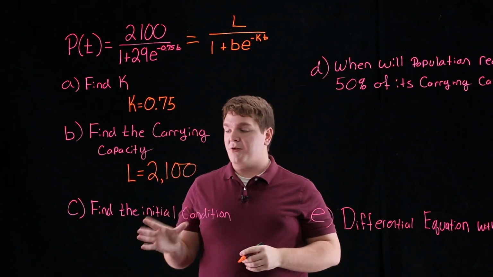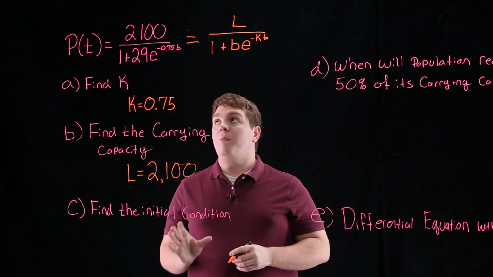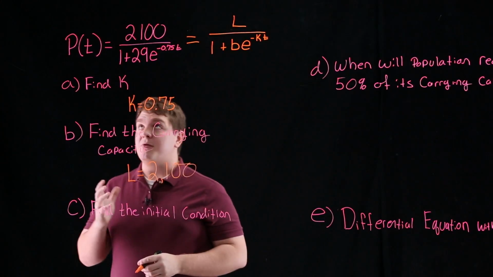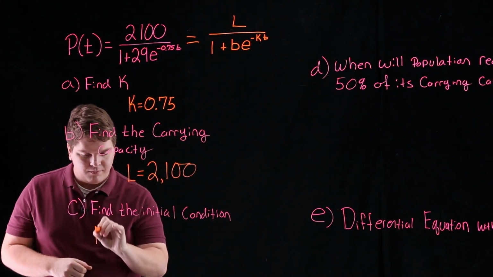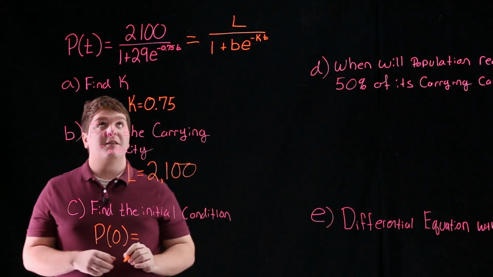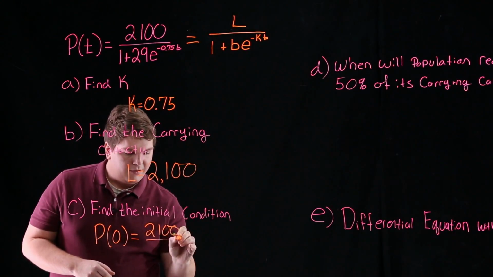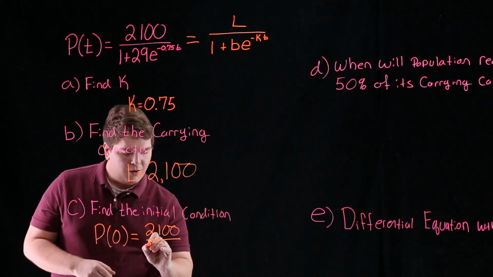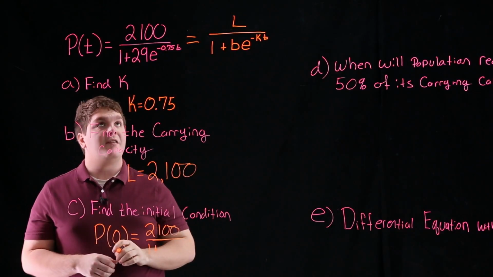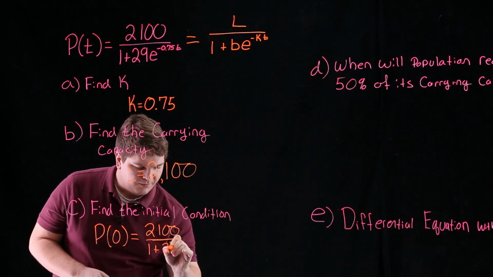Next, we're asked to find the initial condition of our logistic equation. So to find the initial condition, all we want to do is find P of 0. So we're going to substitute 0 in for t. So P of 0 is 2100 divided by 1 plus, substituting 0 in for t, we'll have 29 times 1, which is 29.